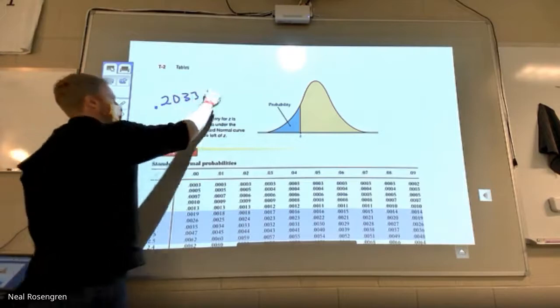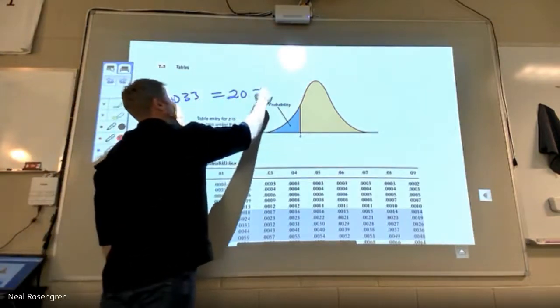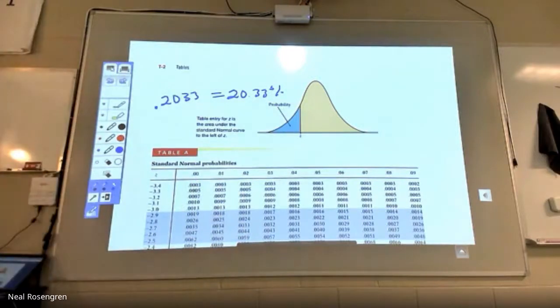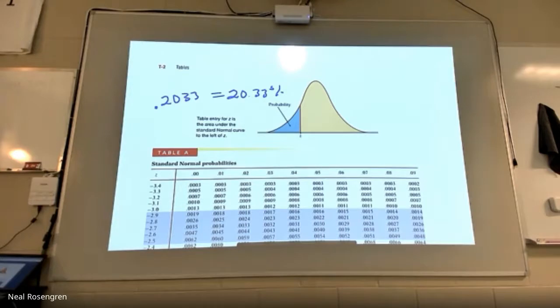You see that I took the number 0.2033 and called it 20.33%. Percentages always move the decimal place 2 spots, because the area under this whole curve is 100%. It's everybody.